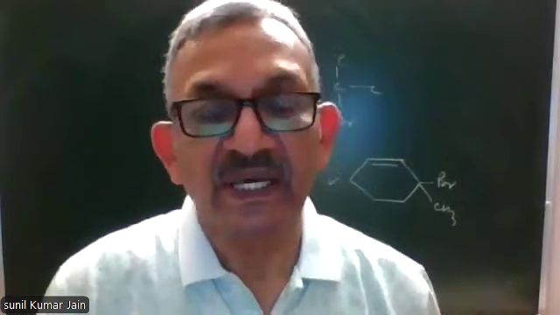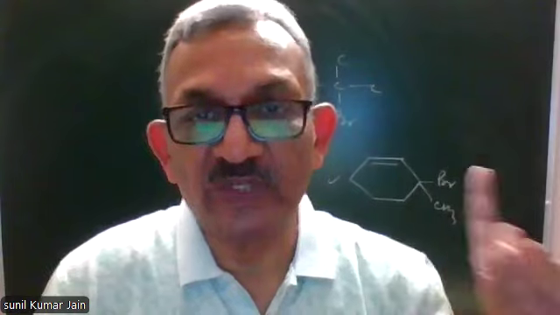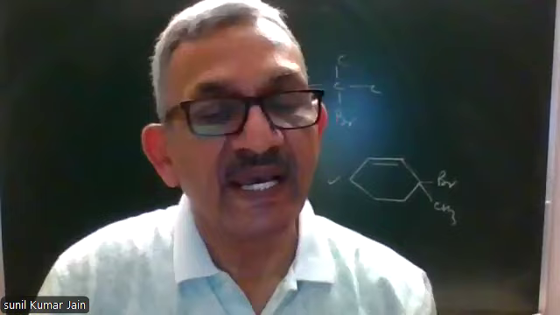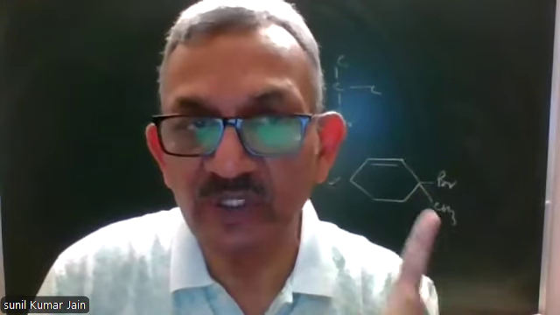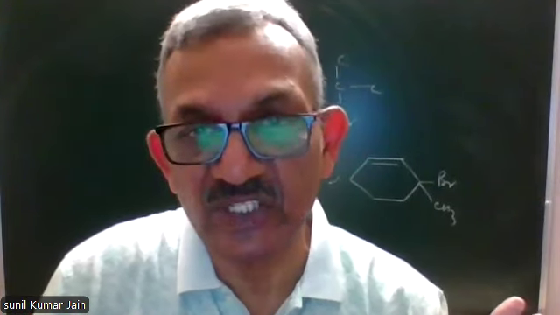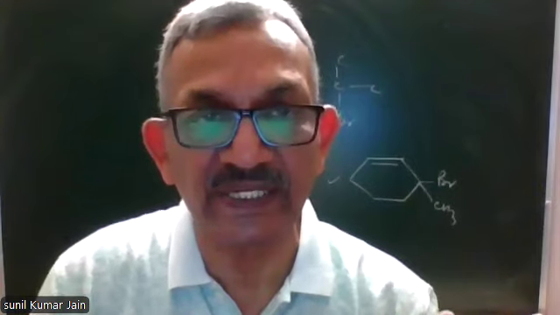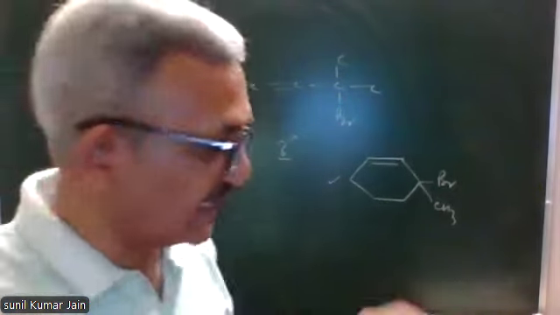So I'll repeat, if halogen is bonded to sp3 hybridized carbon atom, I told you there are further 4 categories. I told you about alkyl halides. Number 2, I told you about cycloalkyl halides. Third, I told you about allylic halides. Now coming to last, that is 4th category, is benzylic halides.